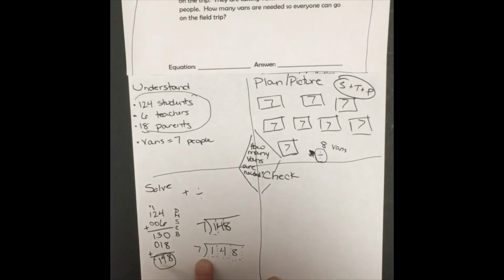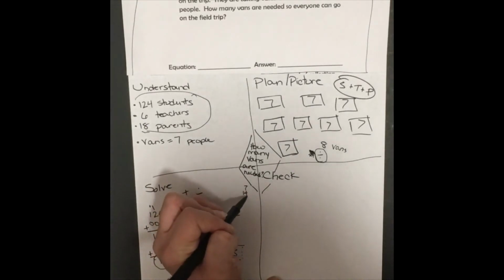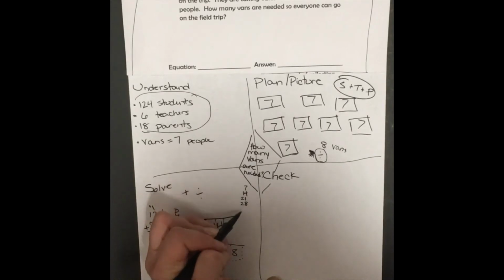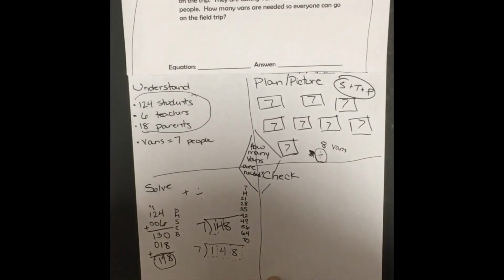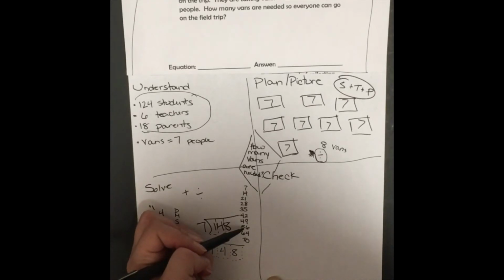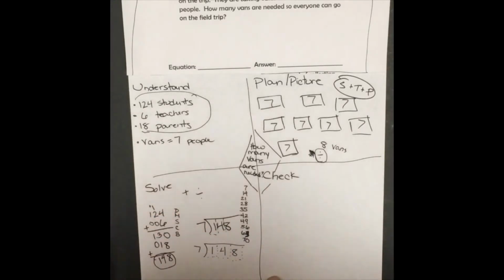And then I'm going to write my multiples of 7, so I remember 7.